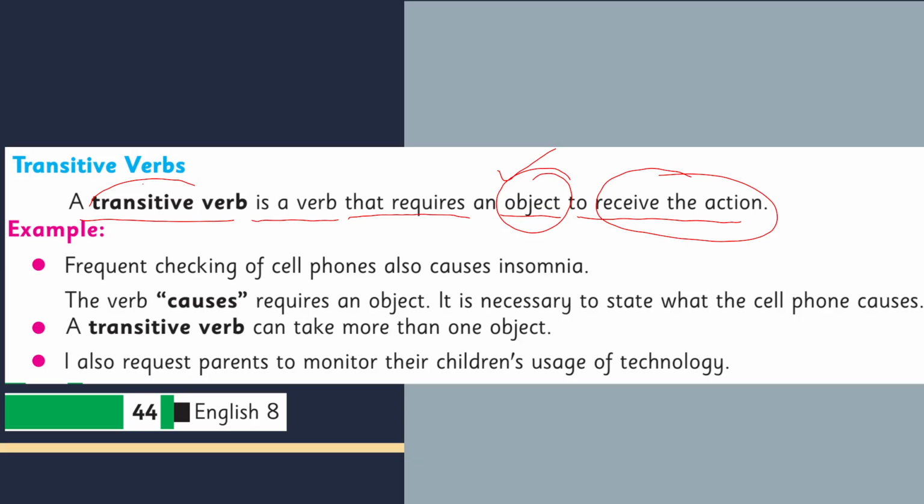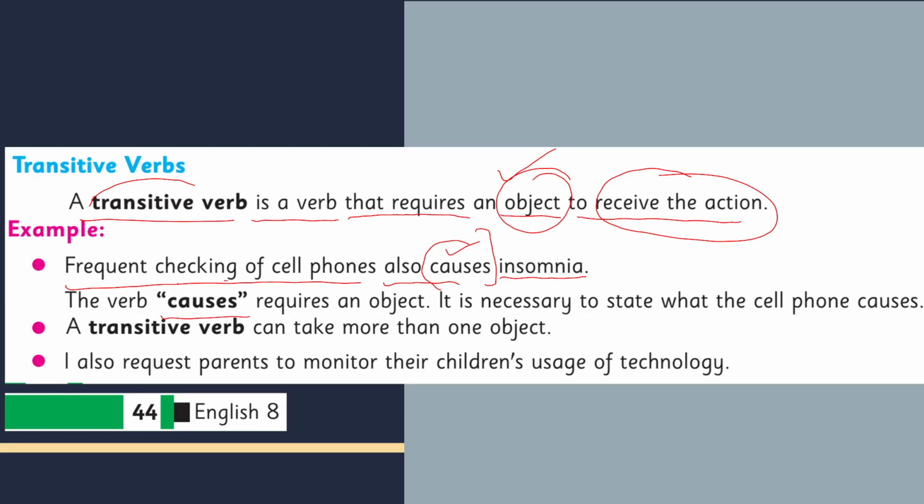For example, frequent checking of cell phones also causes insomnia. Now, can you identify the verb in the sentence? Yes. We have a verb causes which requires an object, because if you do not include this object over here, you can see that the sentence is not complete and the verb is also incomplete.